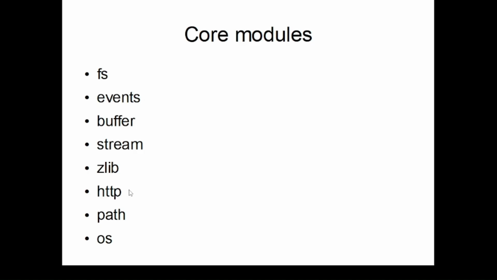Then the HTTP module helps in creating HTTP servers and handles requests and responses. We got a path module that offers utilities for working with file and directory paths. Then you also have an OS module that provides information about the operating system, like CPU or memory and so on.